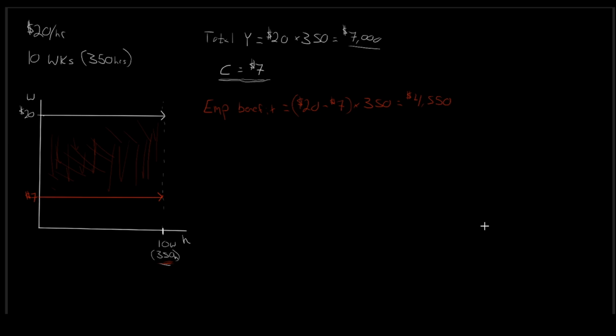Now, what I want to keep in mind here is that our next best alternative is just being unemployed. If being unemployed, let's use blue for that, you get benefits of 0, and let's use A for our cost of unemployment. Let's say that's also 0.